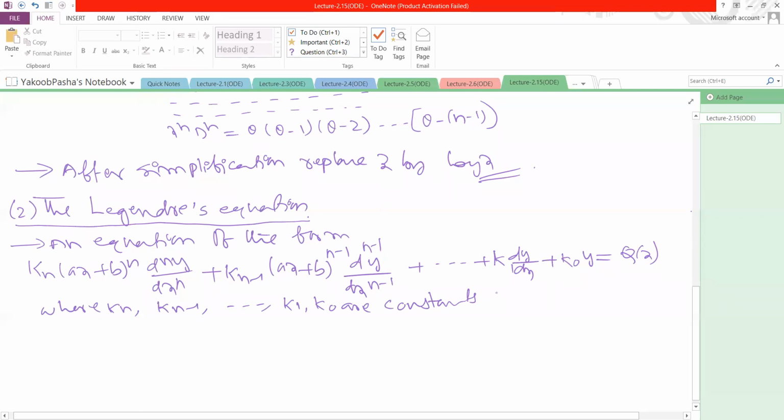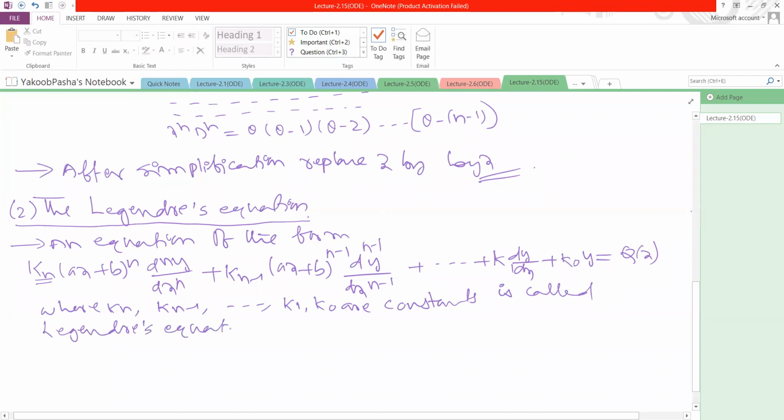Ax plus B is a function of x. Here I am only talking about Kn. Ax plus B is a function of x, it contains x. A and B are constants. This is called the Legendre equation.